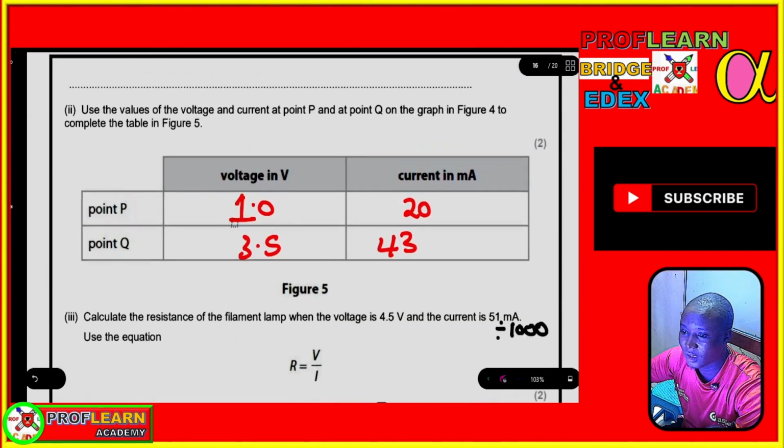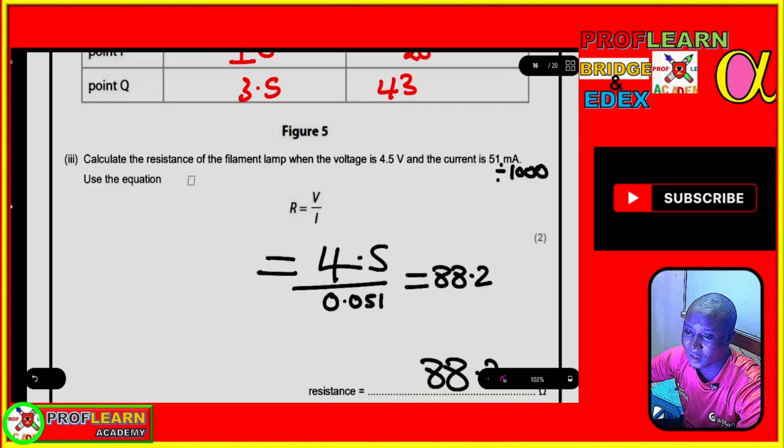And you can see now, when voltage is 1, current is 20 milliamperes. When voltage is 3.5, now it has increased, current also has increased. Calculate the resistance.